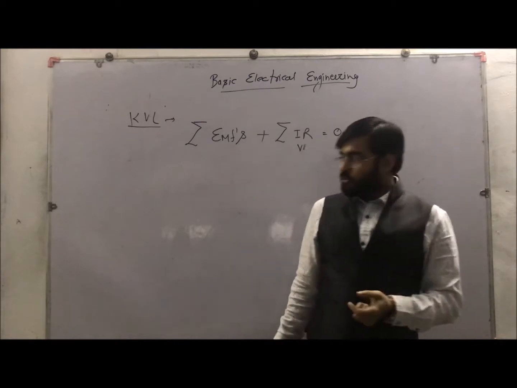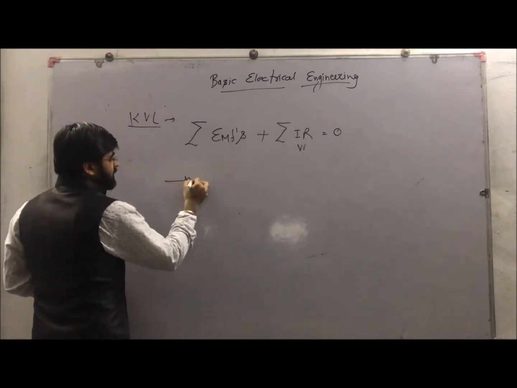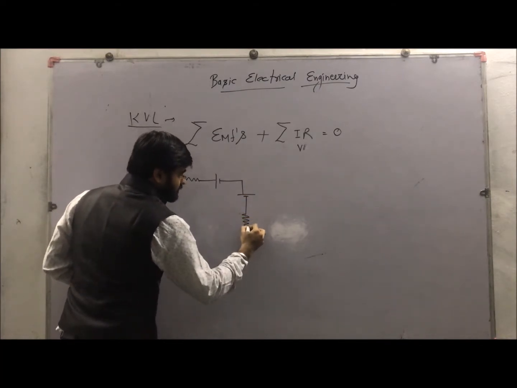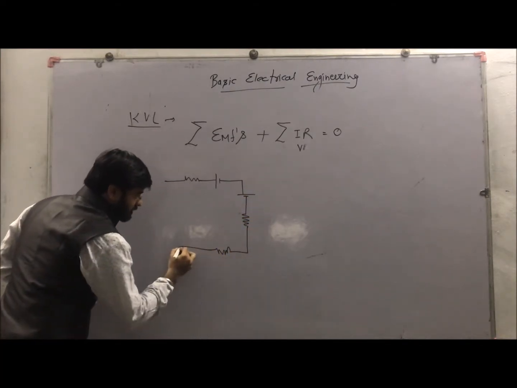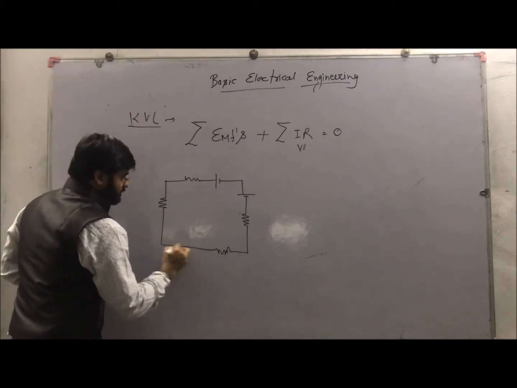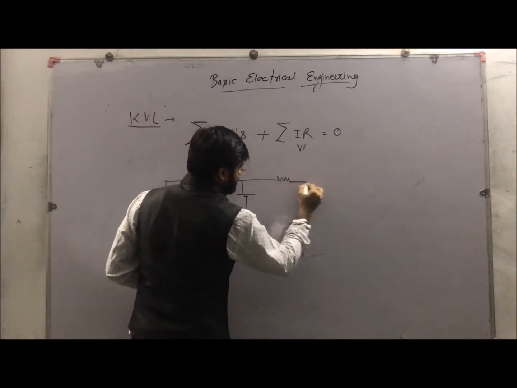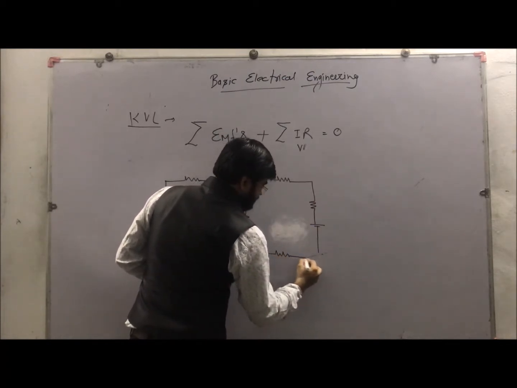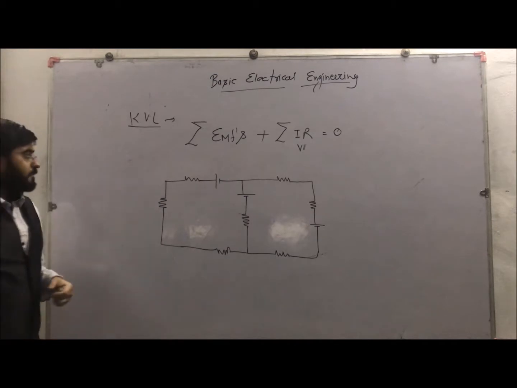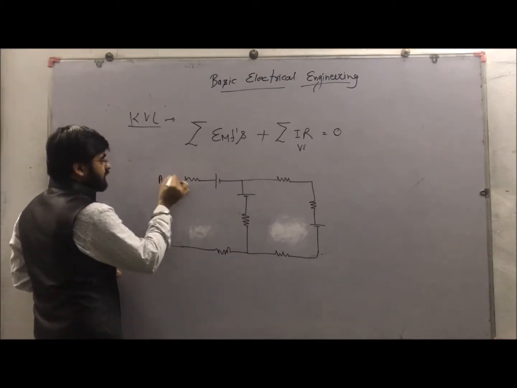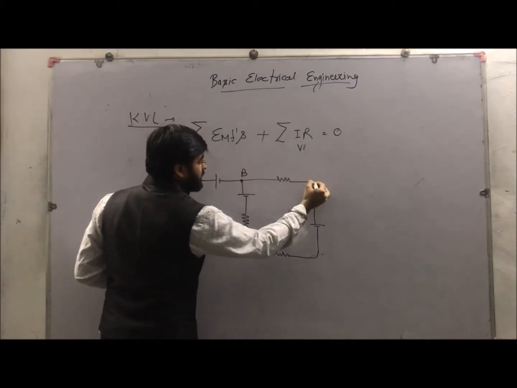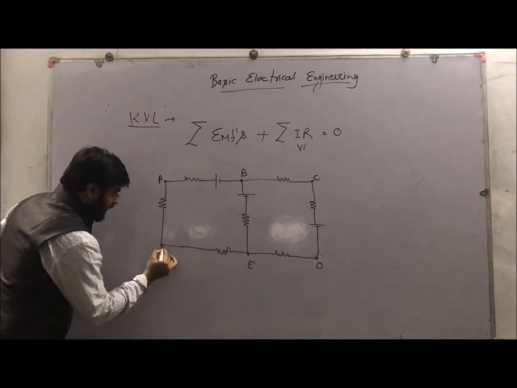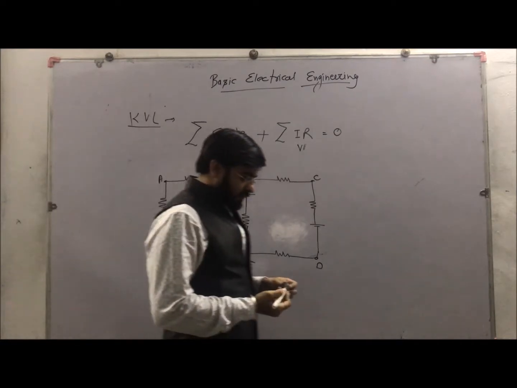Now, what is mesh and what is loop? Let me take a circuit. Suppose this is a circuit, and let me denote the names of the nodes A, B, C, D, E and F. Mesh.